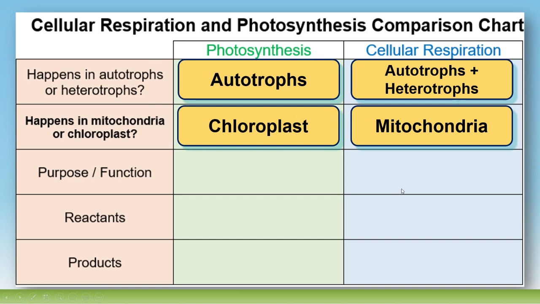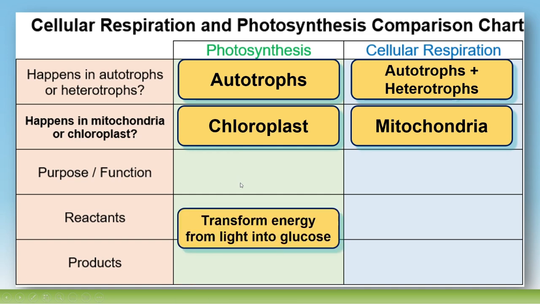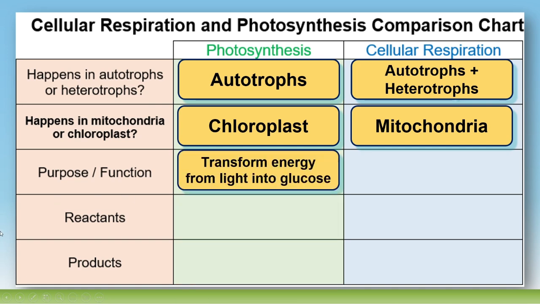So basically, it transforms what into what? So photosynthesis transforms energy from light into glucose. So if you want to paraphrase this, you could put transforms light energy into glucose.